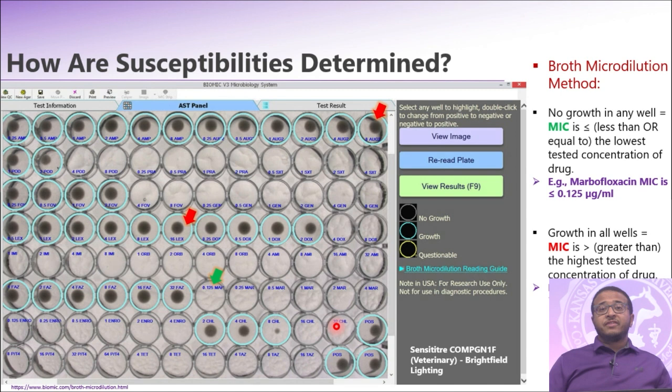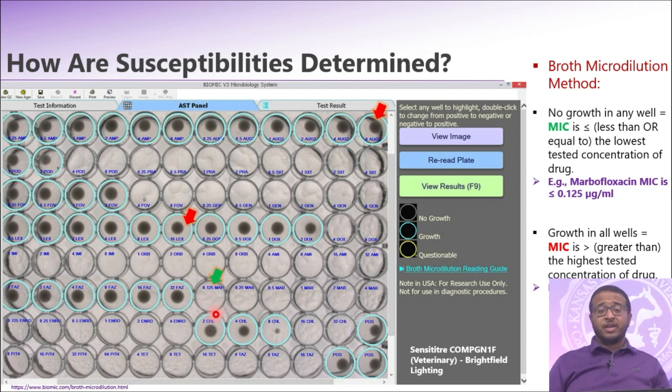Now, what happens if there is no growth at all in any of the concentrations? If there is no growth in any concentration, from the lowest to the highest concentration of the tested drug, the MIC will be lower than or equal to the lowest concentration, which here for marbofloxacin will be less than or equal to 0.125 micrograms per mL.